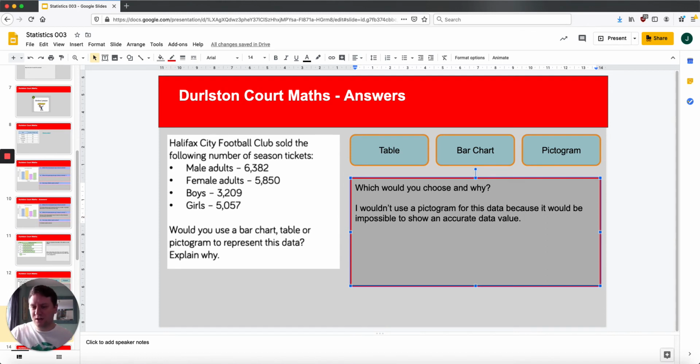So I could change the scale. If I went up in hundreds, I could get a more accurate bar. But if I was going up in hundreds, to make 6,382, I'd need a very tall bar chart, wouldn't I? Because there's 10 hundreds in each thousand. So in 6,000 there'd be 60 hundreds, and then the 3.